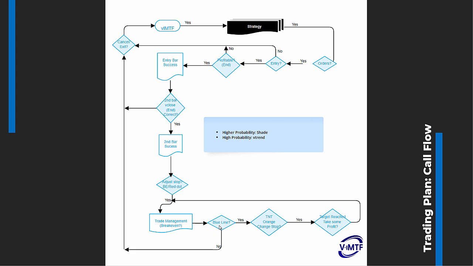If the blue line is there at the end of the bar, if the bar is a black TNT bar or an orange bar, you could adjust your stop to the TNT high or low. Okay, that is your option based on being a conservative or aggressive trader. If you reach the target, you have an option to take all your positions off, 50 to 75% of your positions off, and so forth.